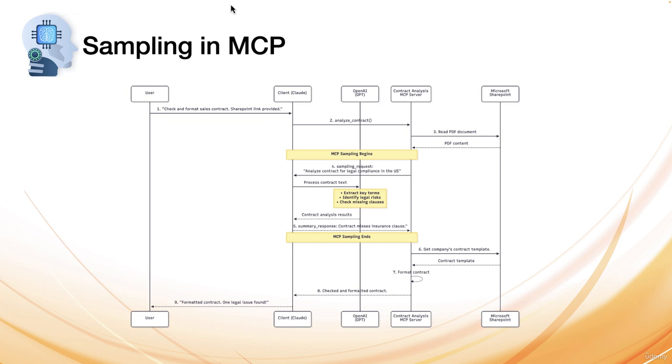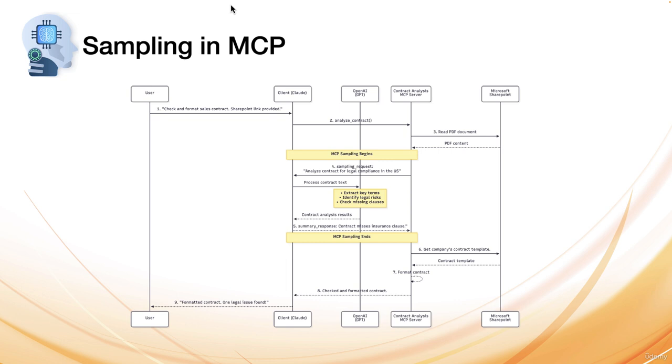Your client sends the document and the prompt to an MCP server called contract analysis. The MCP server understands the intent of the request, goes to SharePoint and grabs the actual content of the document. SharePoint returns that back to the MCP server.